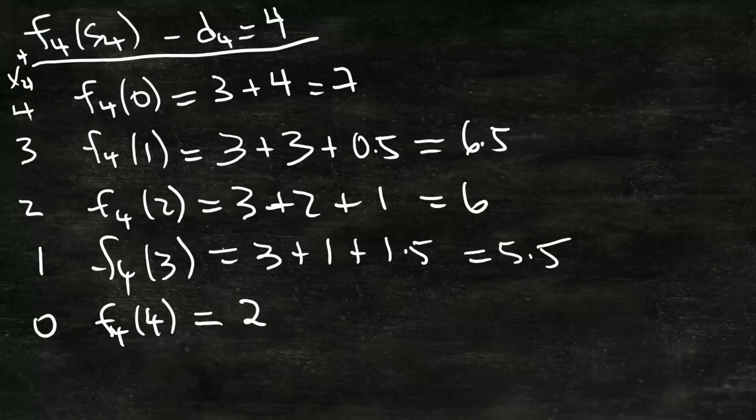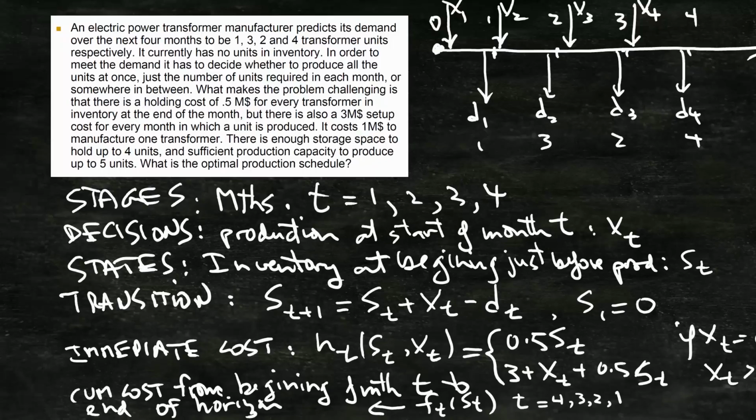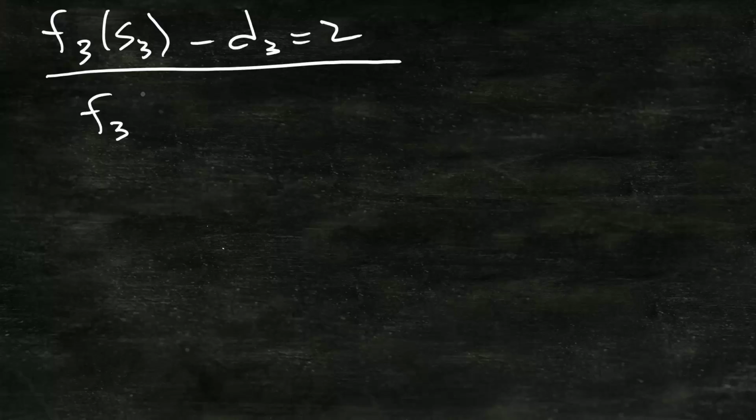Then the next thing is we have to deal with the third month, and the demand in the third month is 2. So we will now deal with the third month, F3(S3), and the demand in the third month is 2. And we don't know how much we start off with. So let's start off with 0.